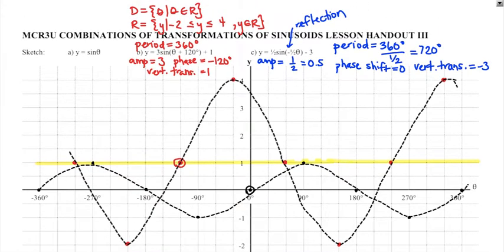So the domain is anything. The value of x can be any possible value for theta. So it's the set of theta such that theta is an element of the real numbers. And the range is the set of y such that y is between -3.5 and -2.5.